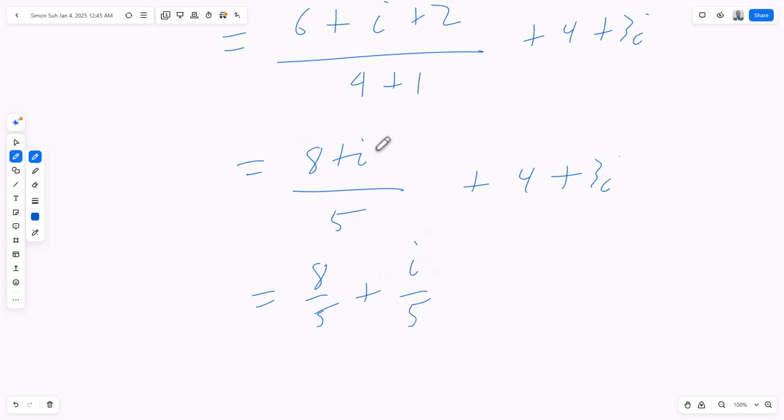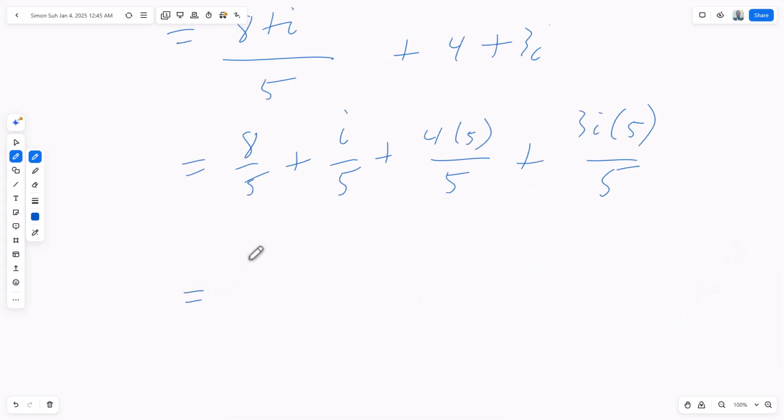We're just dividing these terms into the separate real and imaginary parts. And then we're going to multiply 4 by 5 over 5 and 3i by 5 over 5, so we can have a common denominator of 5. That will be 4 times 5 divided by 5 plus 3i times 5 divided by 5. Once again, 5 over 5 is 1, and 5 over 5 here is also 1.